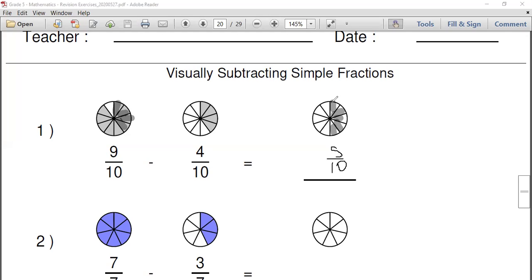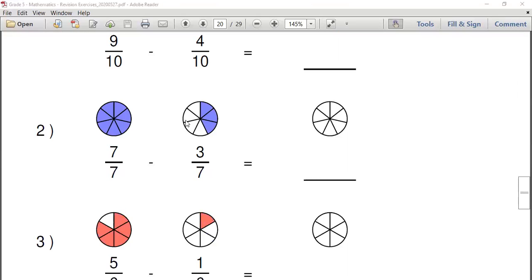But now if you look at this picture, you can clearly see that if I have 5/10, I also have 1/2 of the whole circle. So 5/10 is also 1/2. Okay, let's do the next one. Here we've got 7/7 and we've got 3/7.